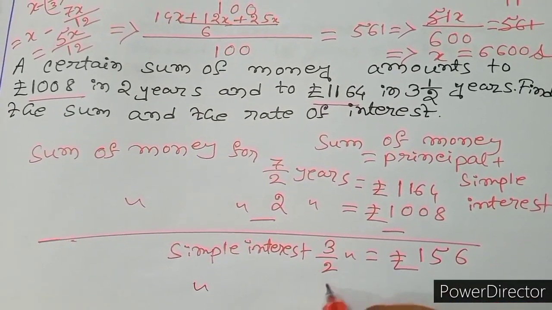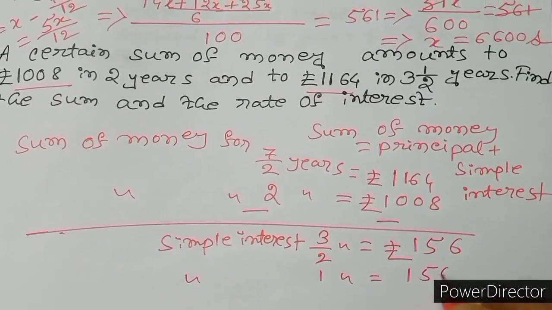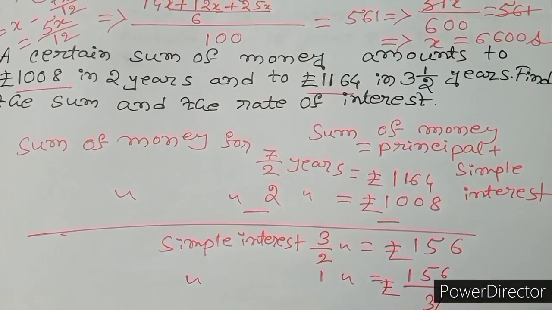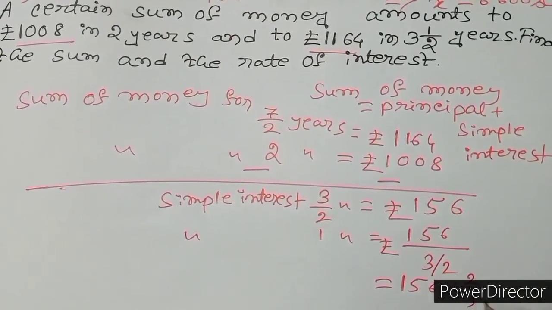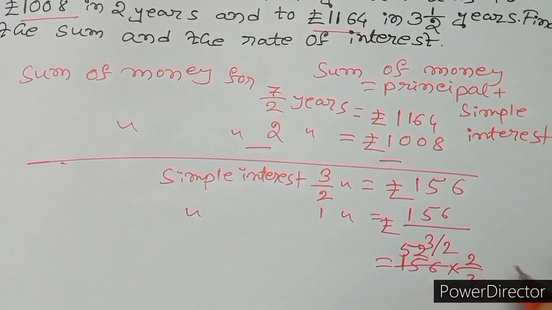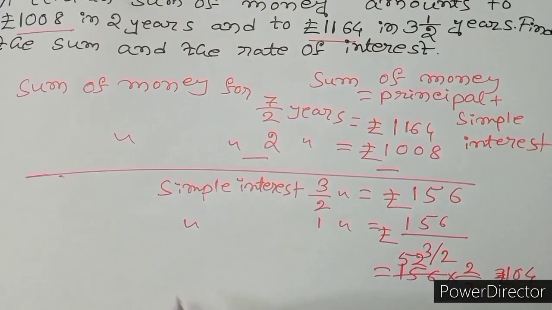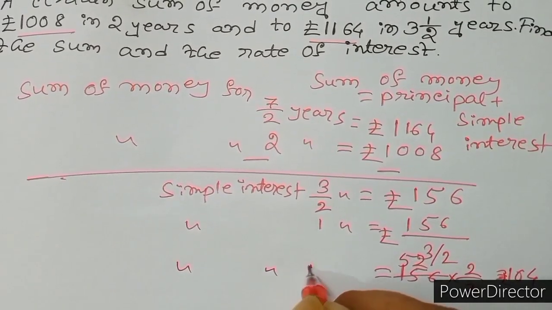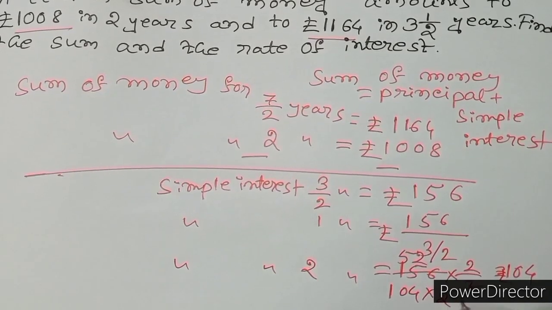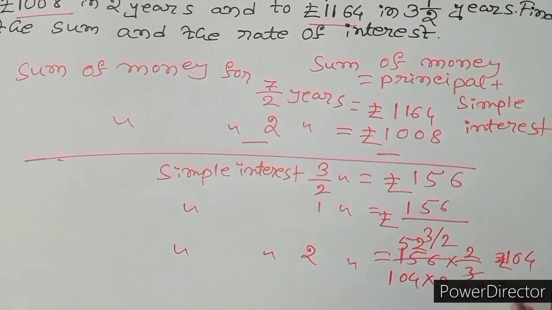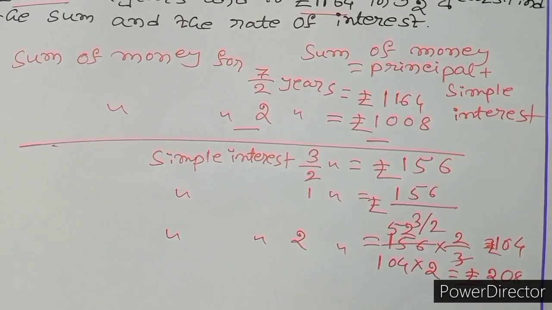So simple interest for 1 year equal to 156 by 3/2 equal to 156 into 2/3, 2 to 4, 5 to 10, 104. And simple interest for 2 years equal to 104 into 2 equal to 208.